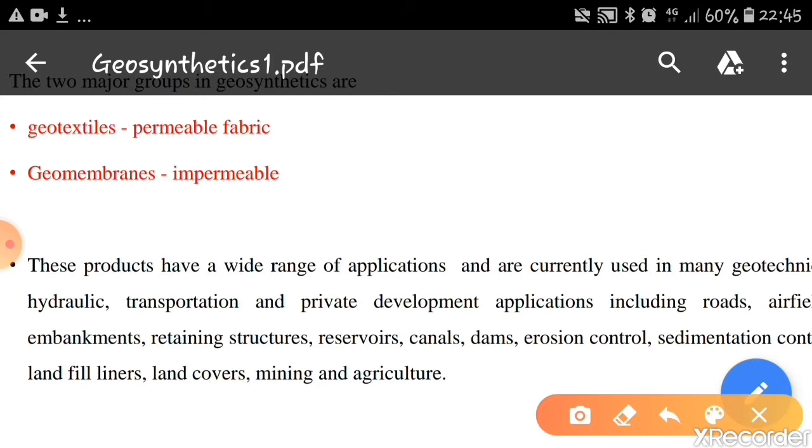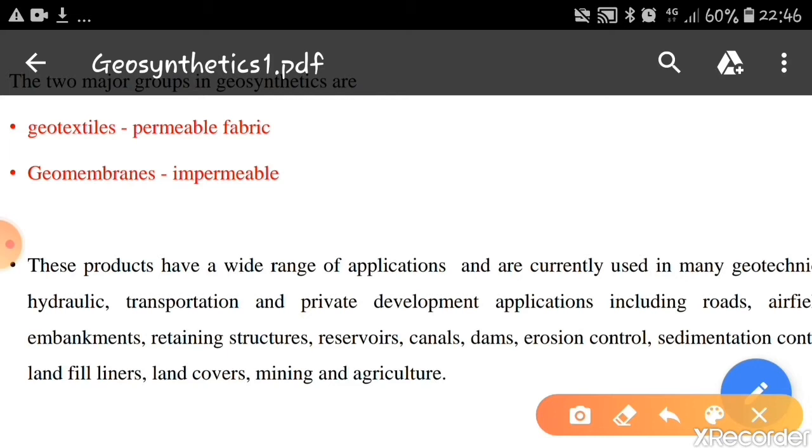And the second type is called geomembranes, which are impermeable, and they are used in canal liners or landfill liners, where the water should not go out of the canal, or the leachate generated in the landfills should not go and join with the underground water. So in such cases geomembranes are used.